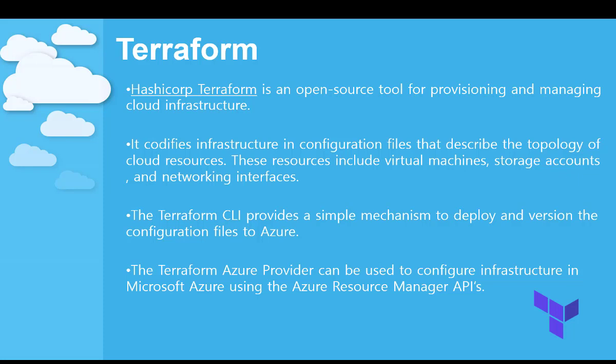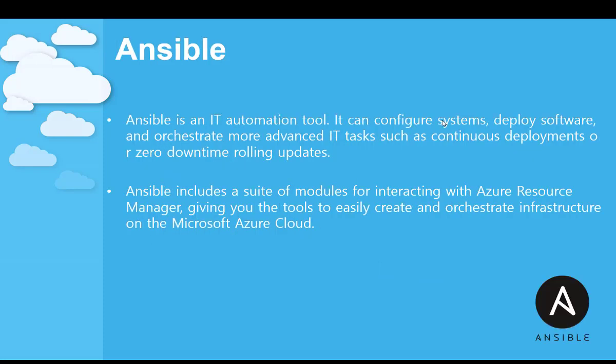The Terraform CLI provides a simple mechanism to deploy and version the configuration file to Azure. Another open source tool used to automate infrastructure on Azure is Ansible. It can configure systems, deploy software, and orchestrate more advanced IT tasks, such as continuous deployment or zero downtime rolling updates.